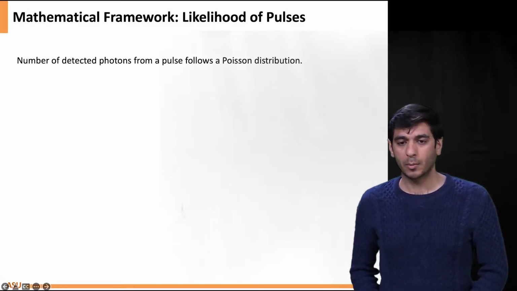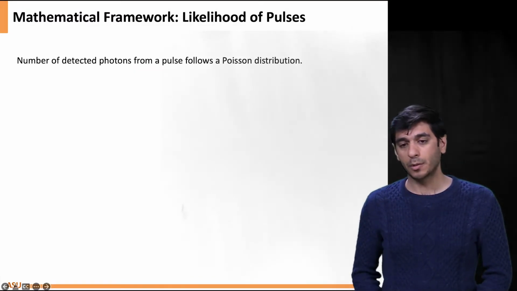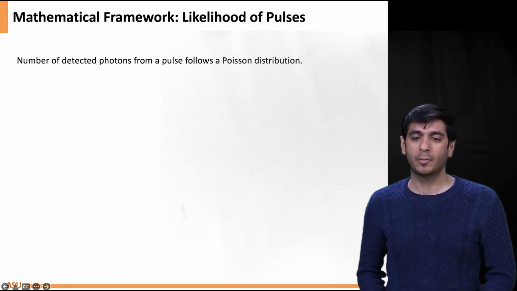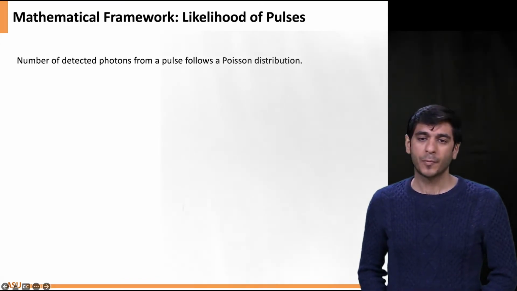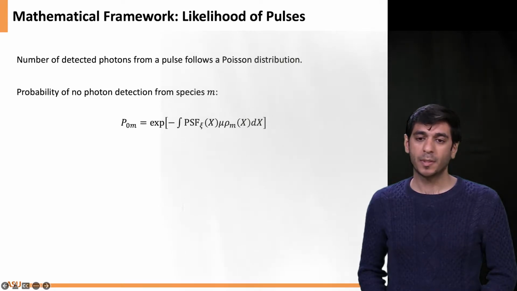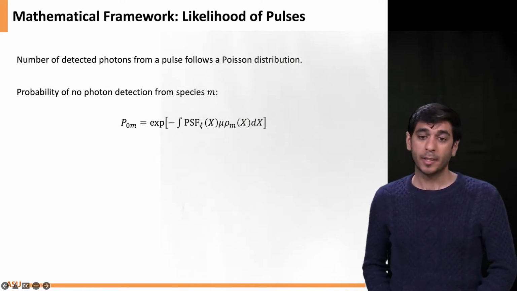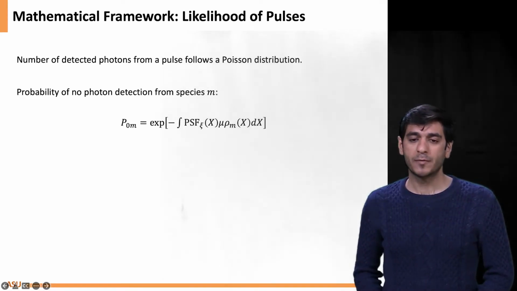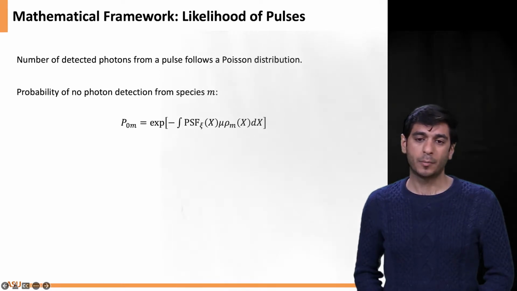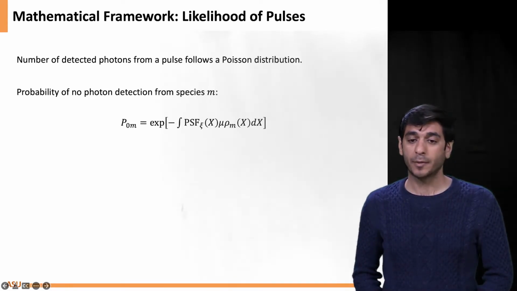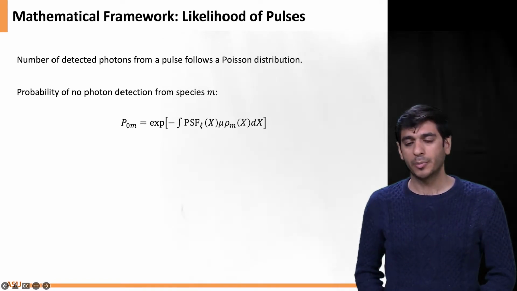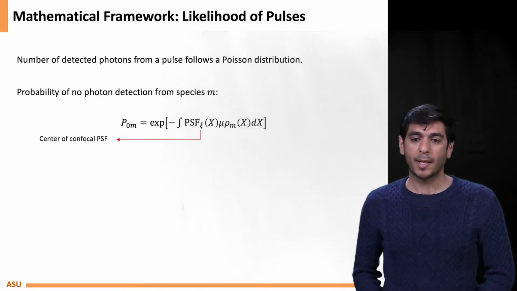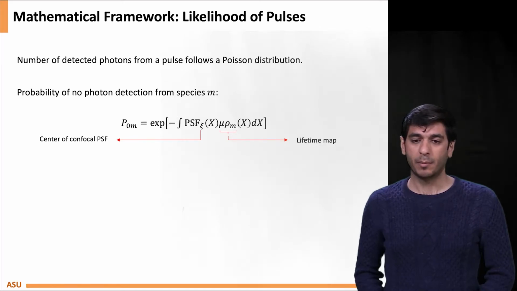In this slide, I'm going to talk about the likelihood of photon detection, which I show by W. To do so, I start from the fact that the number of detected photons from a pulse has a Poisson distribution. So if we assume the pulse is empty and there are no detected photons, then I arrive at this exponential expression here, which gives the probability of detecting no photons from fluorophore species of type M, where PSF gives the PSF of the confocal setup, and mu rho stands for the lifetime maps.